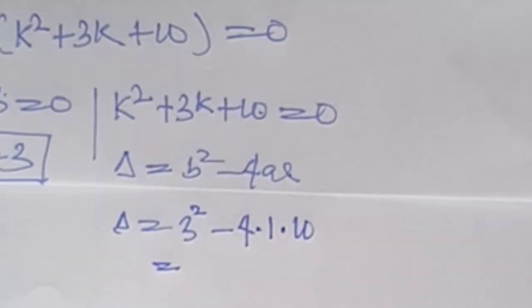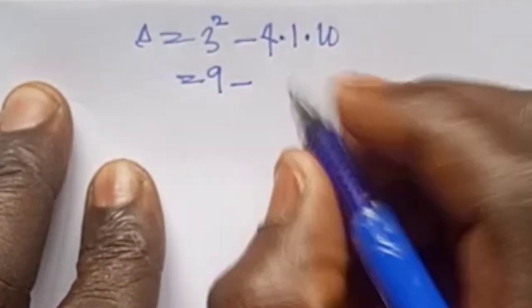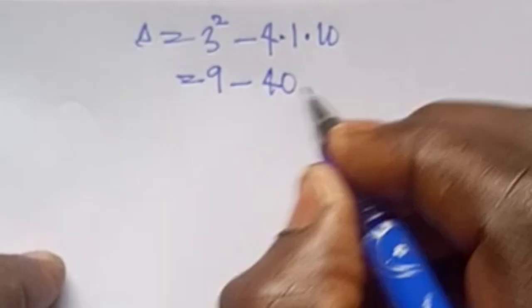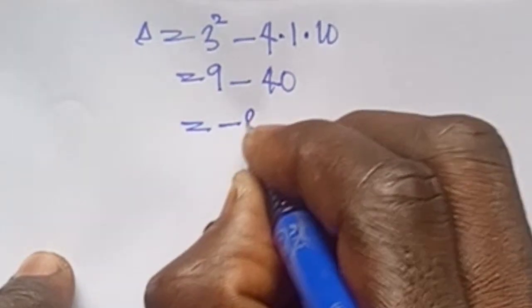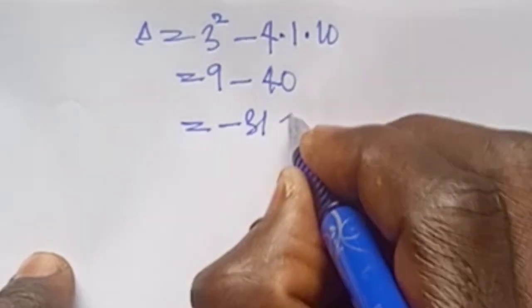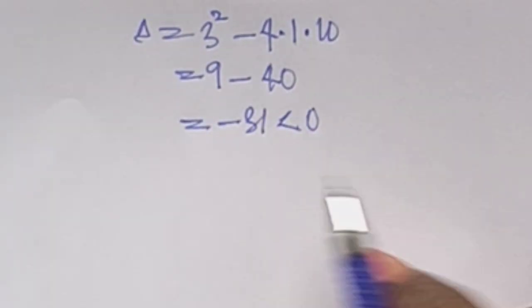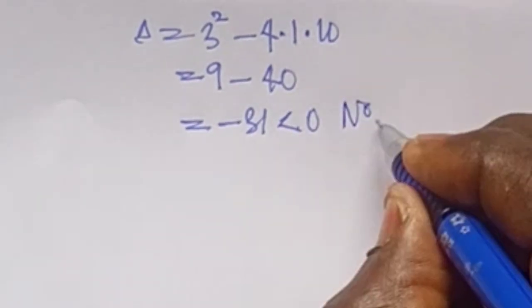If we do this very well, it will become 3 to the power of 2, that is 9, minus 4 times 1 is 4, times 10 is 40, and this is equal to minus 31. And minus 31 is less than 0. So if we apply the quadratic formula, we're going to end up having a complex solution. So from here, no real solution.